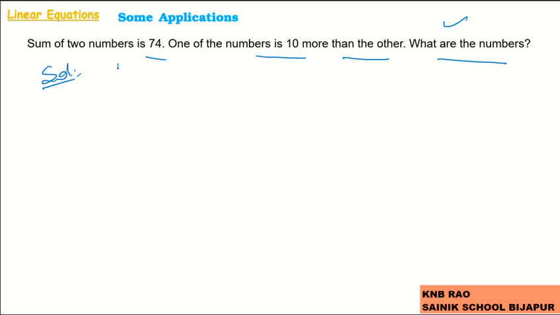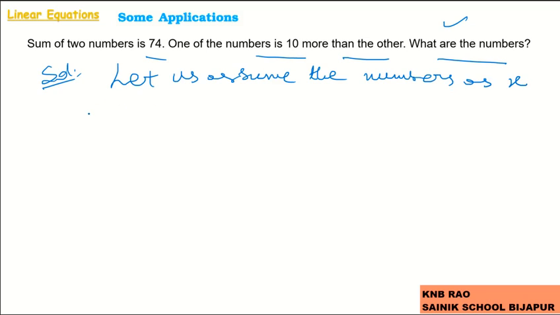So what we do? Let us assume the numbers as x. If I assume one as x, the other is automatically 10 more than that, so x plus 10.